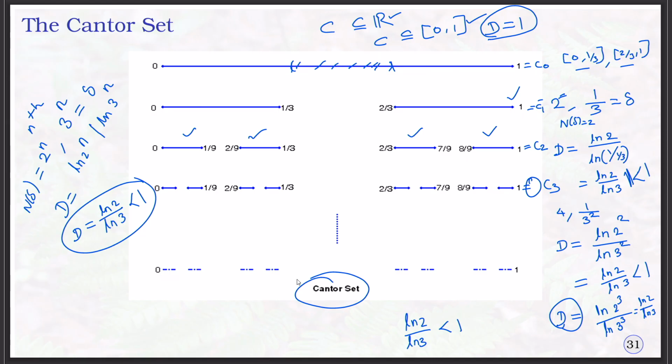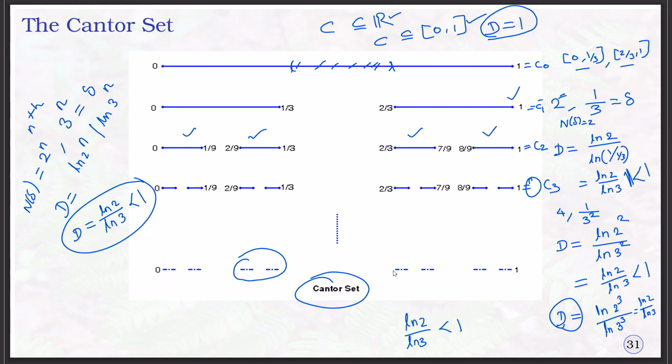We already established that the Cantor set has the self-similar property. Now, its fractal dimension is less than 1. You can take any arbitrarily small part of this object and it has fine structure.